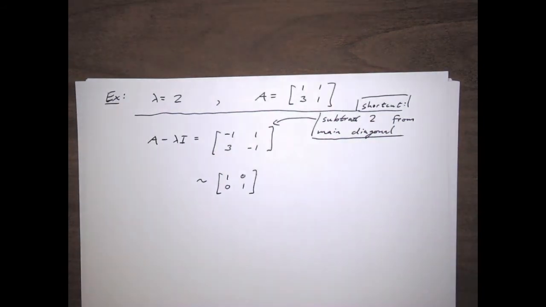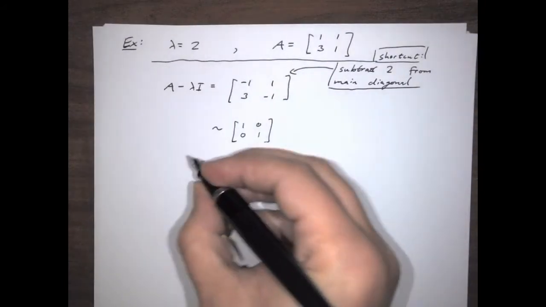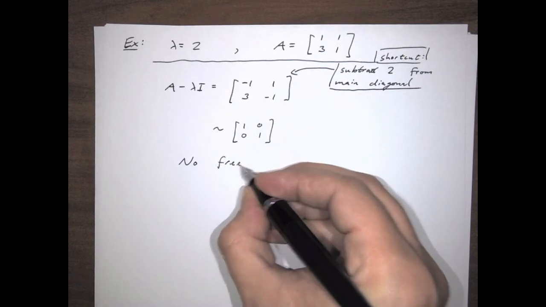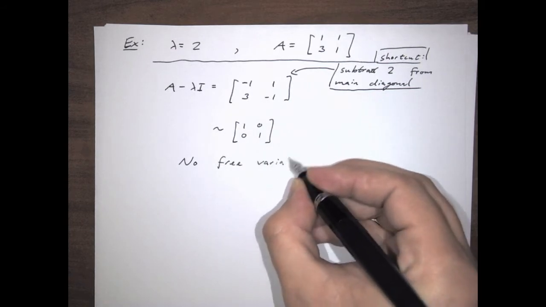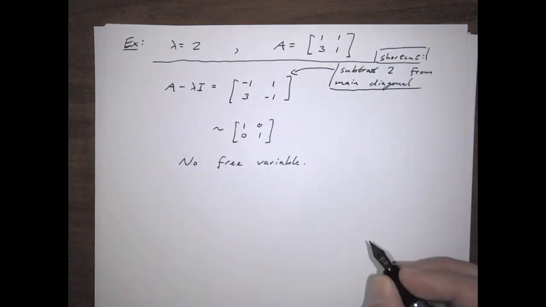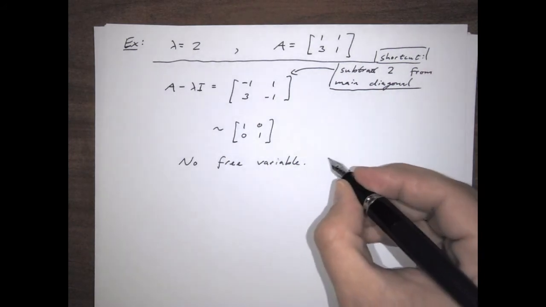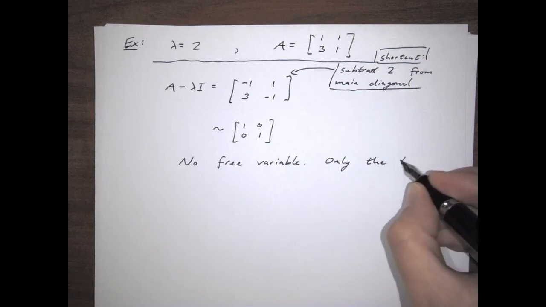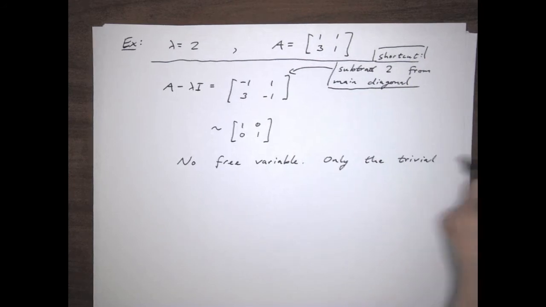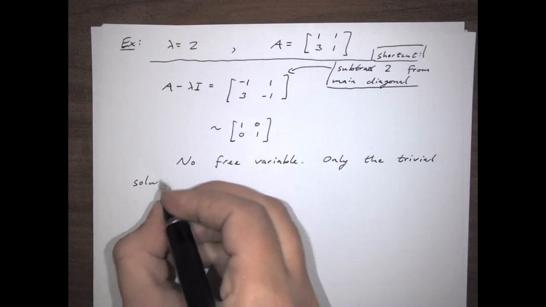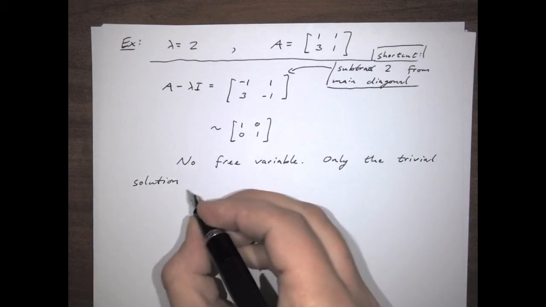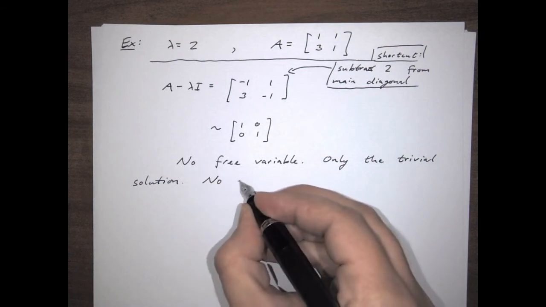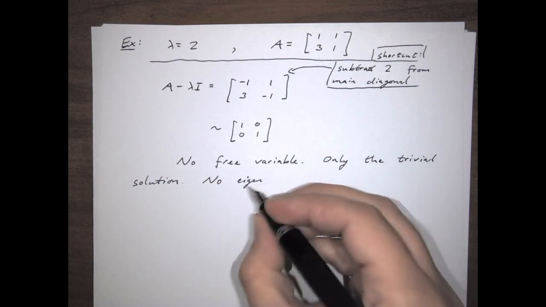So there is no free variable, which implies that the only solution is the trivial one. Which means no eigenvector, because eigenvectors have to be non-zero, remember.